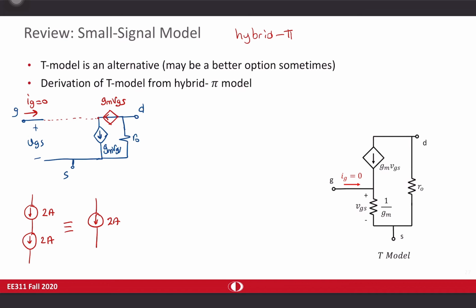Again, it shouldn't change anything mathematically as long as I put this condition in here. If I don't put this condition, I'm in trouble, of course, because I'm going to violate KCL and KVL. The second circuit will be definitely different than the first one. But as long as I keep this IG is equal to 0 condition there, I should be able to connect this node to this node without any problem.